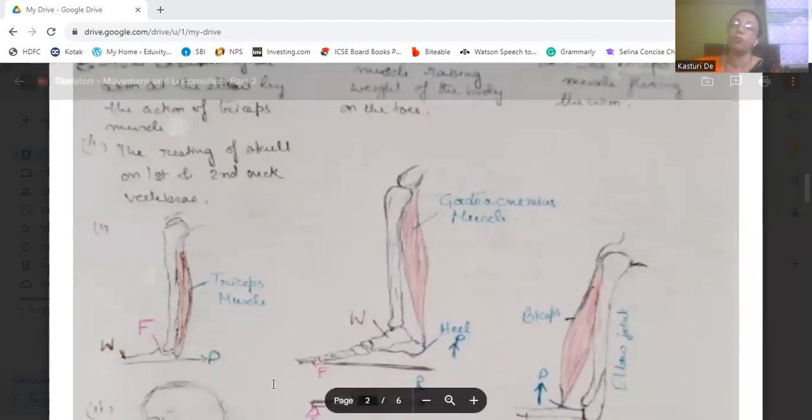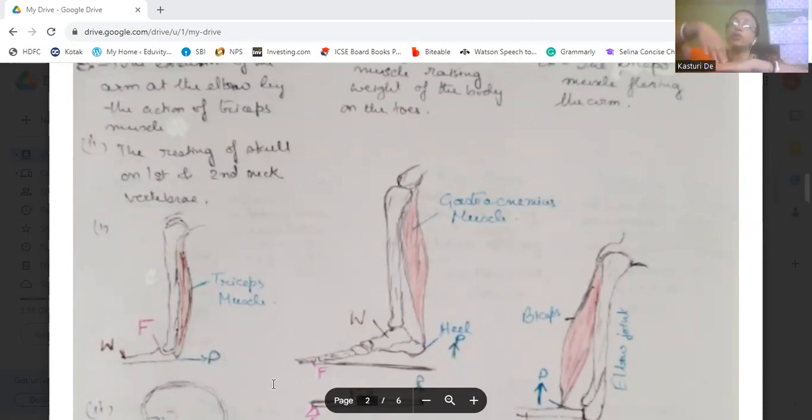So when you are moving your toe up, this is the base, and this is the fulcrum here, the toe, which is touching the base. So when you are touching the base, the toe portion is the fulcrum.